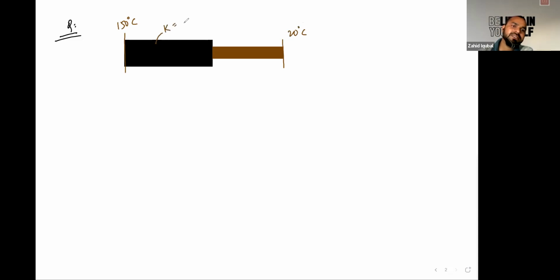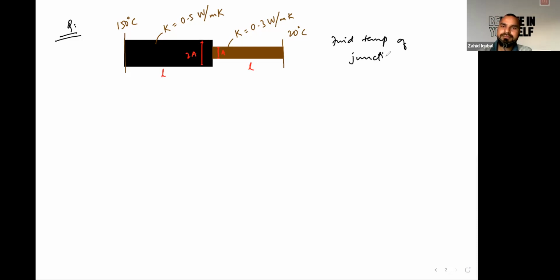Thermal conductivity of this is 0.5 watt per meter per Kelvin, and thermal conductivity of this is 0.3 watt per meter per Kelvin. Area of cross section of this end is A, and area of cross section of this end is 2A. If their lengths are equal, find temperature of junction.